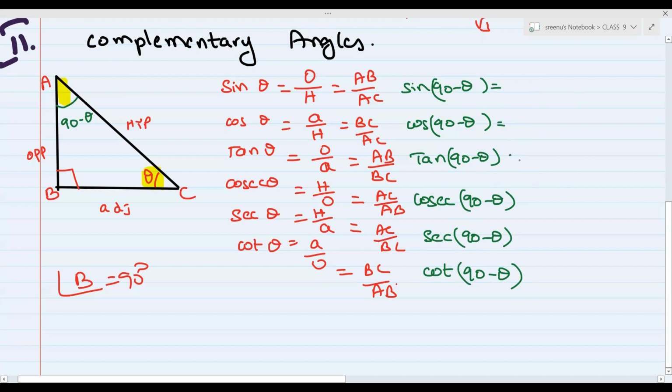Before, I already explained, these all are for C, and these all are for A. So according to A, opposite and adjacent will be changed. According to A, opposite will be BC and adjacent will be AB, and hypotenuse is the same. According to A, adjacent is AB, hypotenuse is AC, and opposite is BC. And I'm writing the cosecant reciprocals.